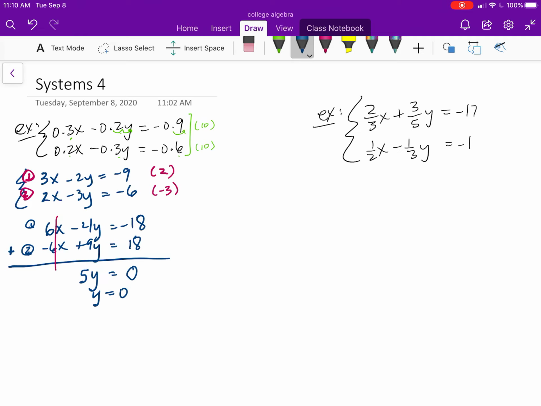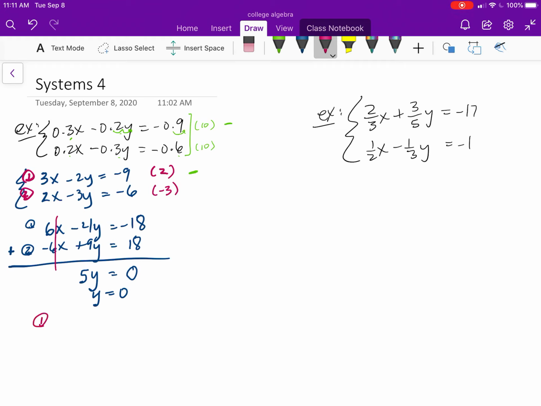Now we go to equation 1 or 2, it doesn't matter, and we substitute y equals 0. You can go back to the original, that's probably the most common, but we eliminated decimals, so let's just use one of these here. So I'll go back to equation 1 and substitute y is 0.